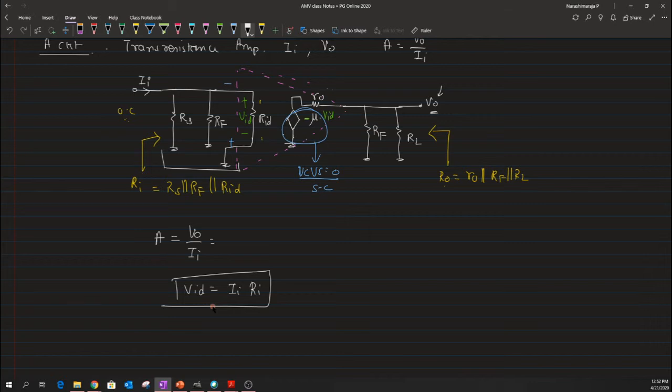V naught is defined as RF in parallel with RL, which is the drop across which the voltage V naught is measured, divided by the summation of R naught plus this parallel combination of RF and RL, multiplied by the source potential, which is given as mu times VID.